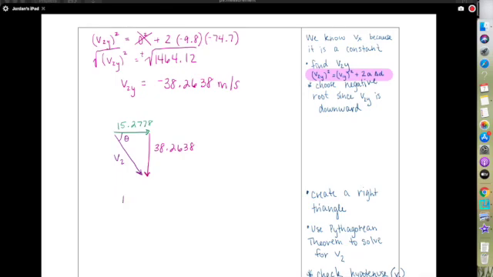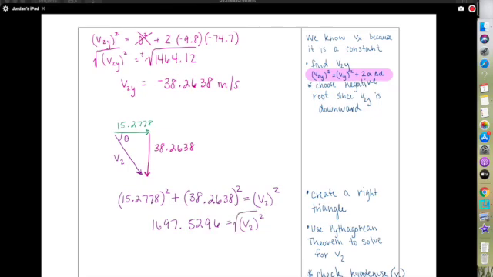So 15.2778 squared plus 38.2638 squared equals our v2 squared. We'll get 1697.5296 equals our V2 squared.